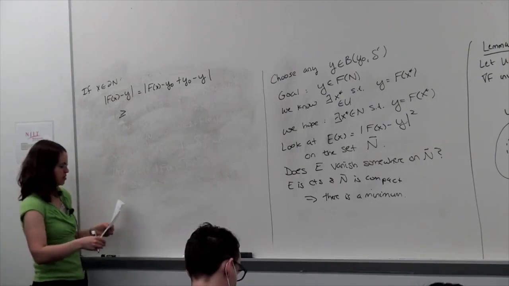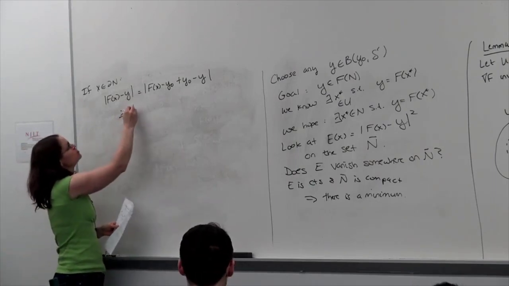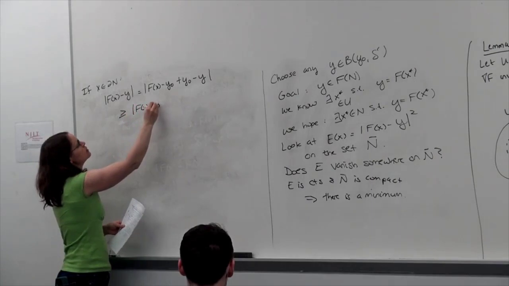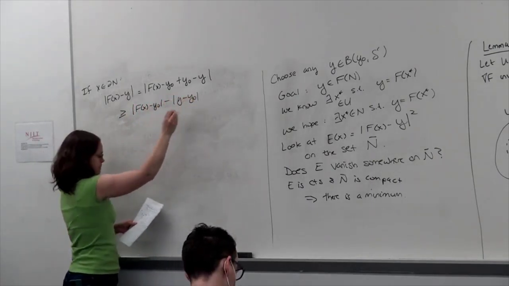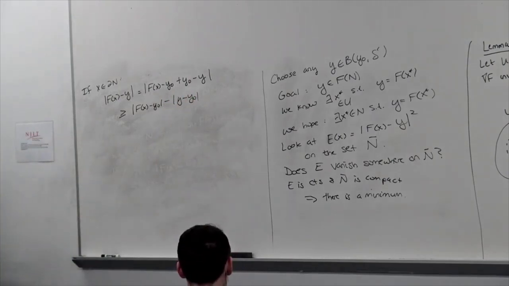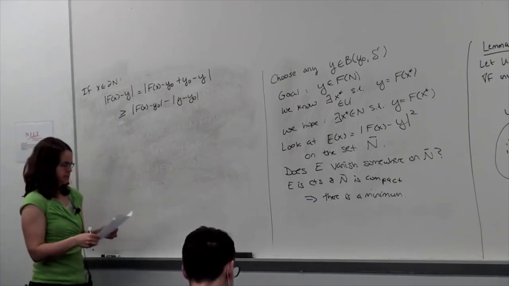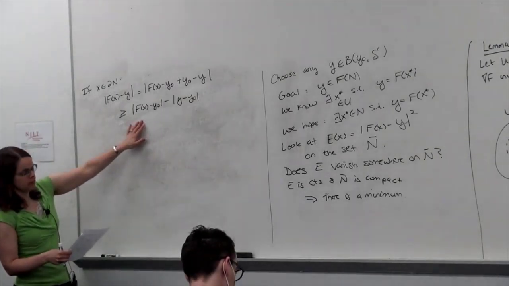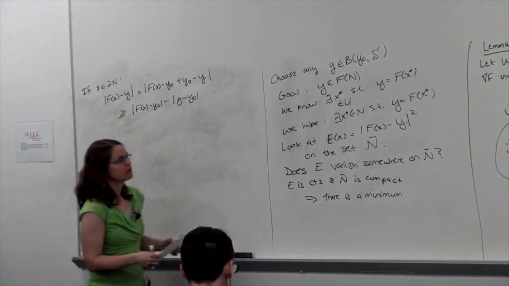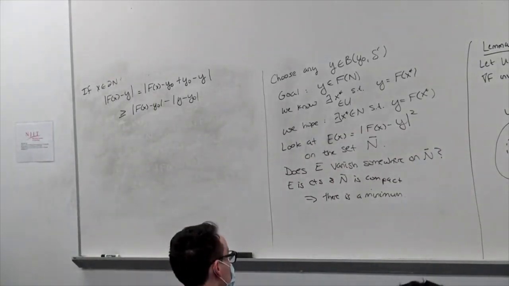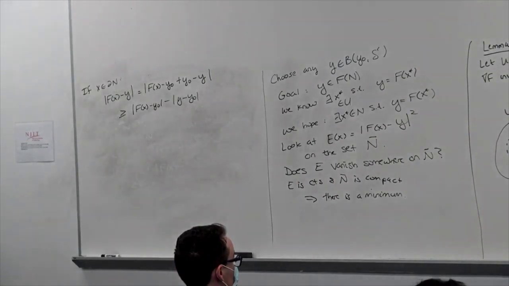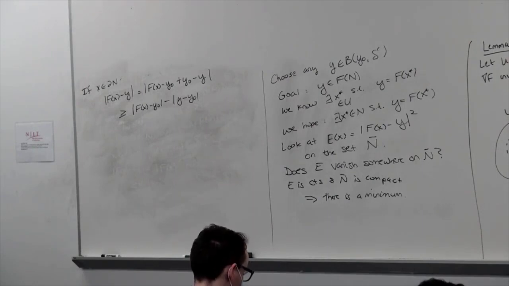Okay, so f of x minus y, if I use my reverse triangle inequality, minus y naught. Okay, f of x minus y naught. So x is one of these boundary points here that got mapped out here, a distance at least c delta away. Yes?